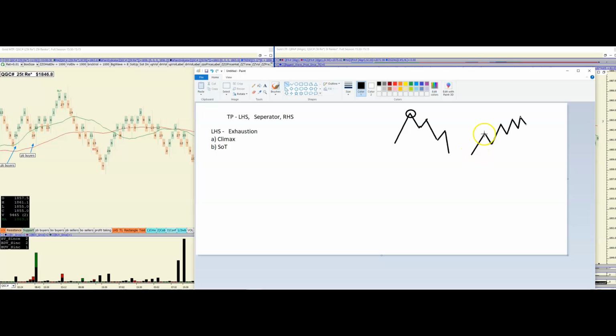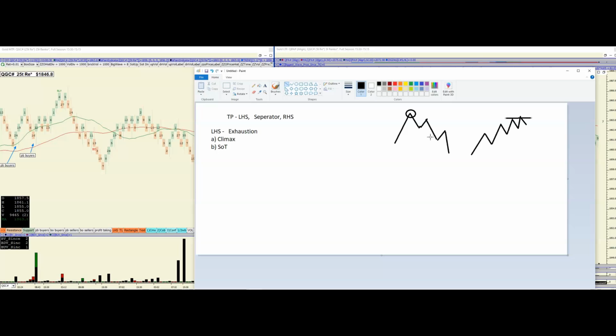As you see, this upwave is big, this is big, and now it's shortening. And the consequence of the upwave shortening in terms of time and distance is also that their thrust from high to high shortens. So the shortening of the thrust is the result of the length of the upwaves shortening. All right, so exhaustion is identified also by shortening of the thrust.